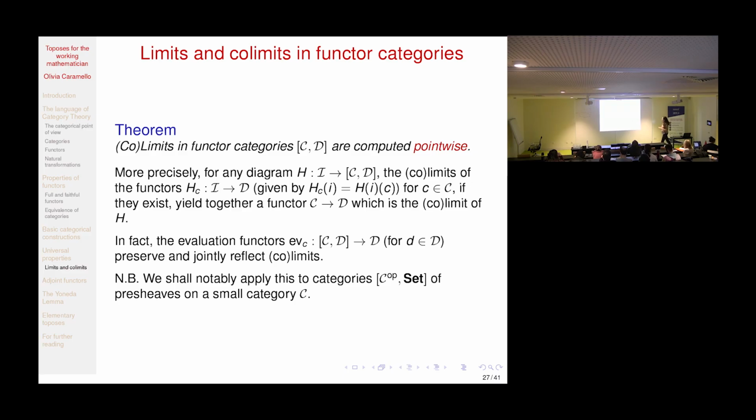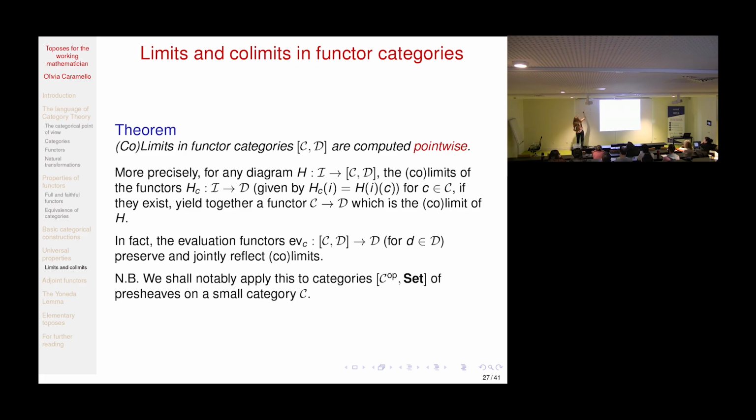Okay, now that we have understood how limits and colimits can be computed, in particular in sets, we consider the general case of a functor category.